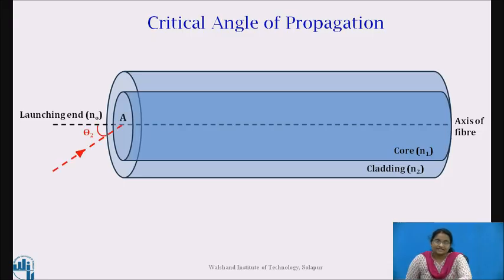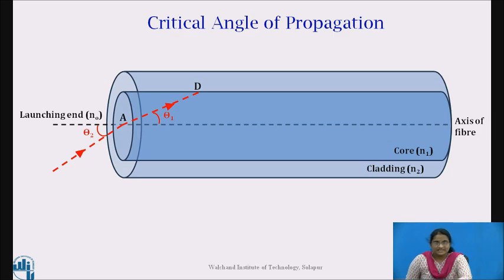The ray is incident at an angle theta 2 with respect to the axis of the fiber. This ray undergoes refraction at point A on the interface between air and the core. The ray refracts into the fiber at an angle theta 1, where theta 1 is less than theta 2.